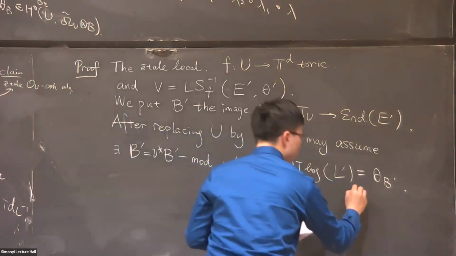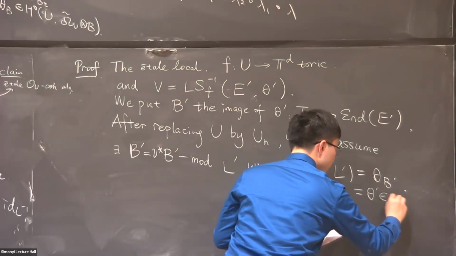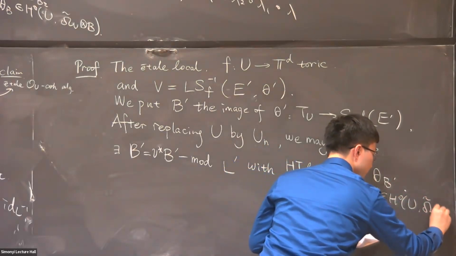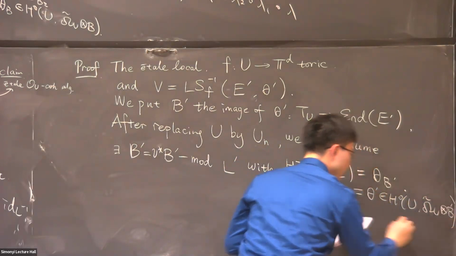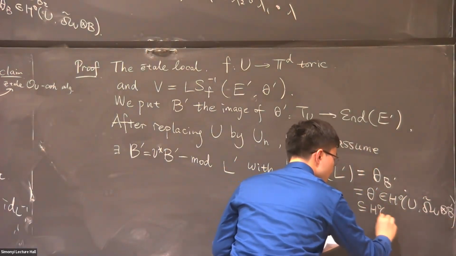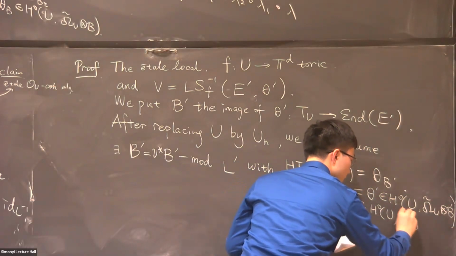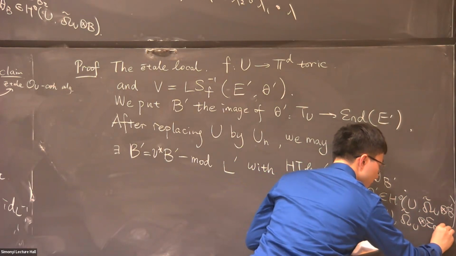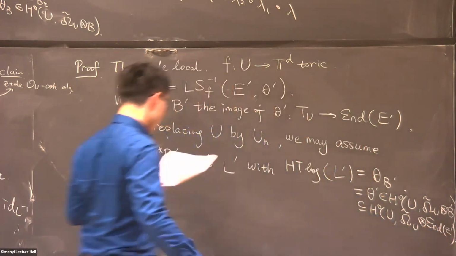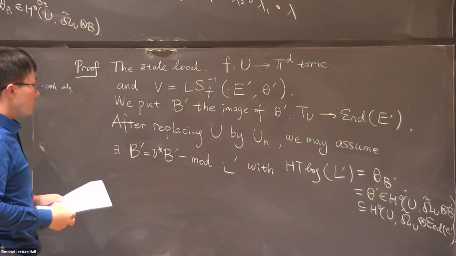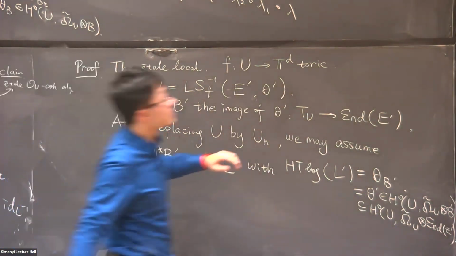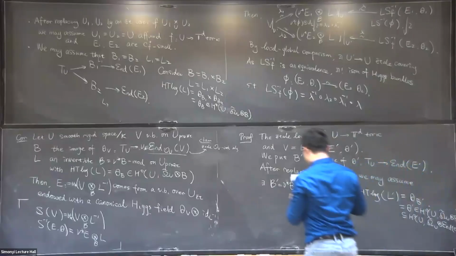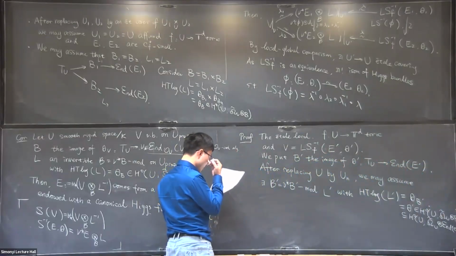And the theta B prime is just the theta prime lies in the B prime. B prime is something tensored with endomorphism of E prime. Okay. So after replacing this, we can find this. This is just the remark of this local global correspondence, local global comparison.